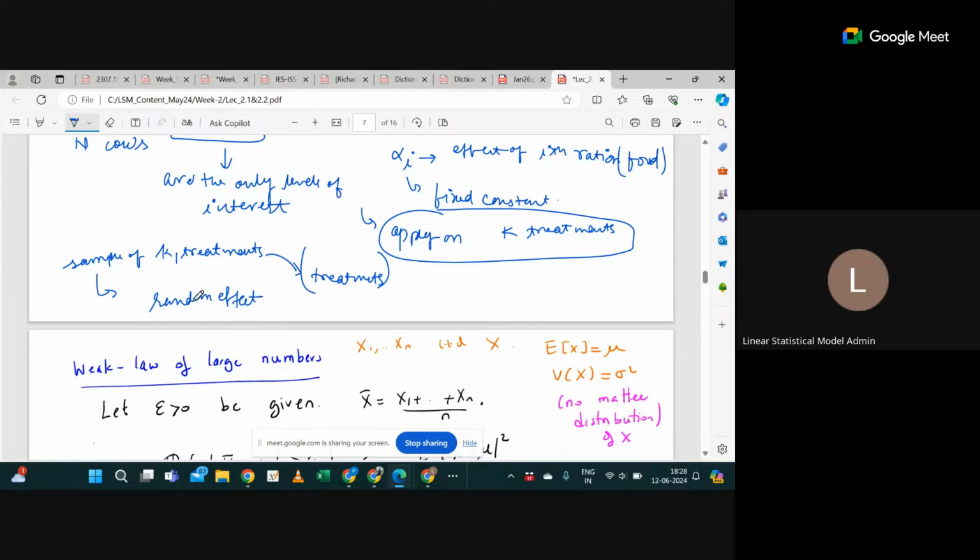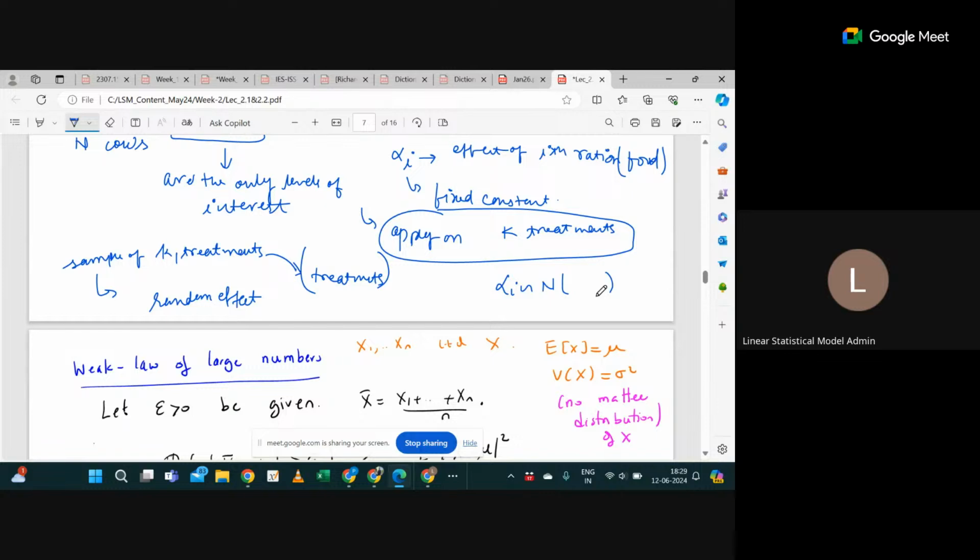I assume this alpha i will follow some distribution. Instead of taking all the treatment levels, we take a sample of k1 treatments and check the distribution of alpha i.